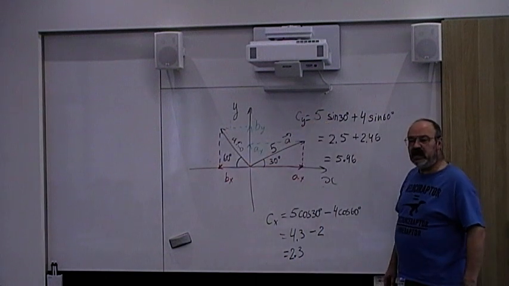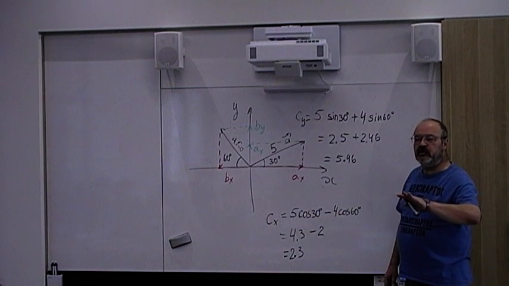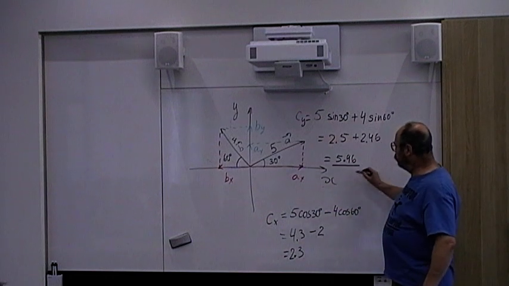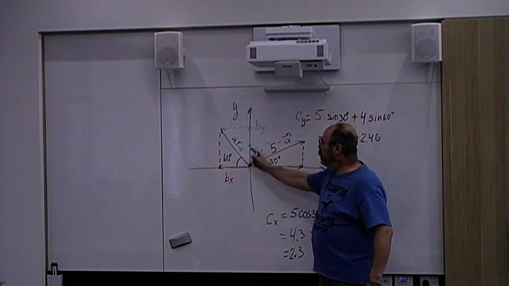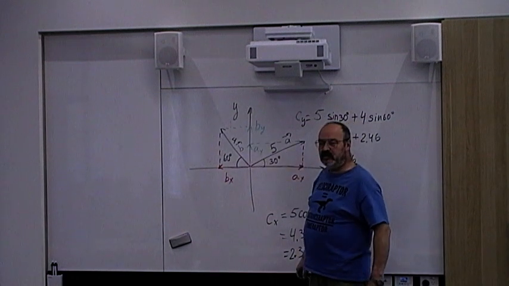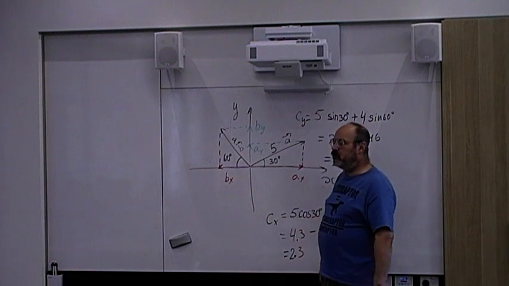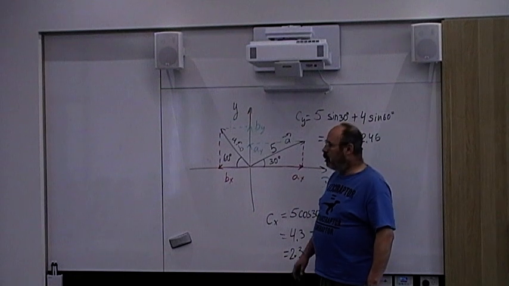Which one is which? This is CY. It's on B, it's BY. It's the sum of AY plus BY.